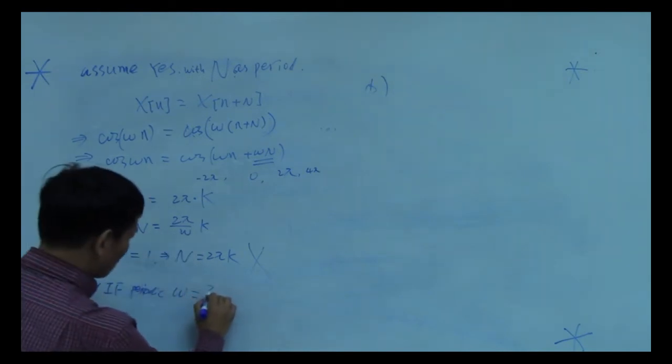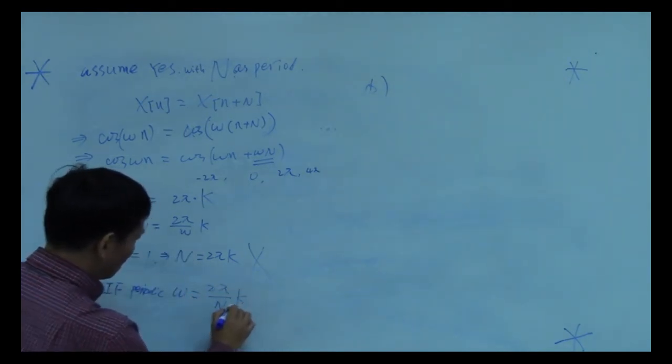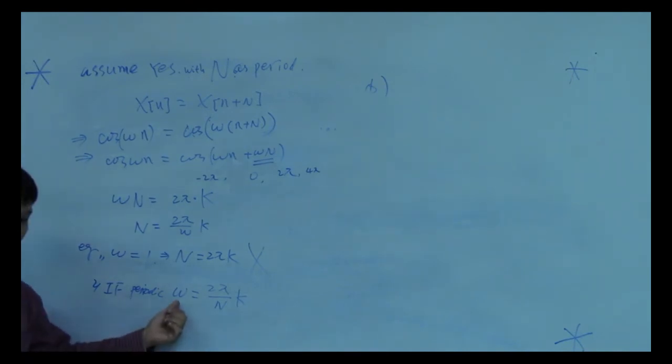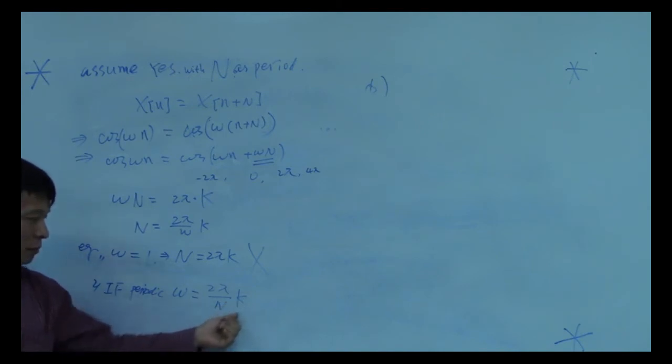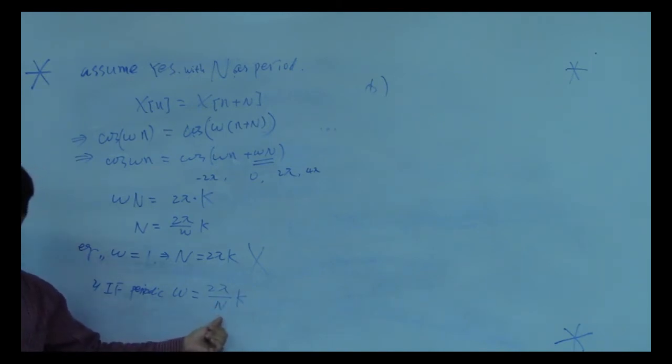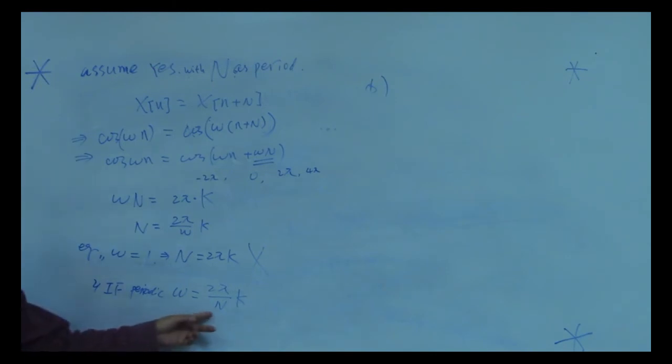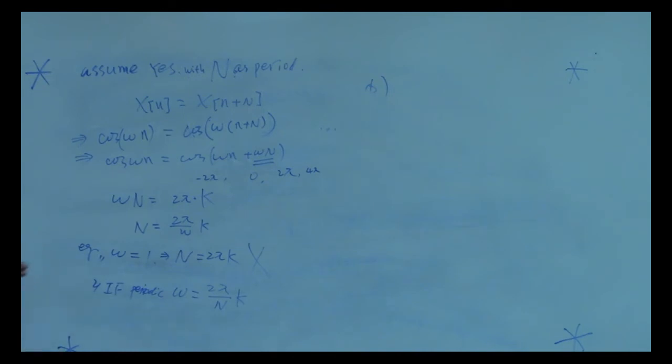Omega must equal 2 pi times k over N. So you can see your omega is limited to some special frequency. Your chosen frequency cannot be altered. So the conclusion is yes, sometimes cosine omega n is periodic, but it looks like most of the time it's not.